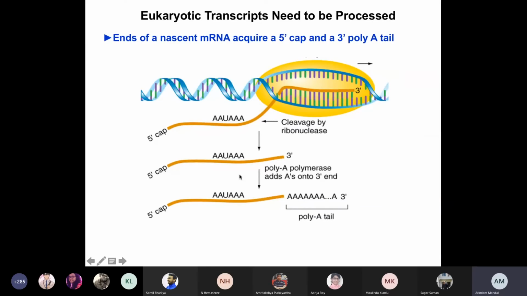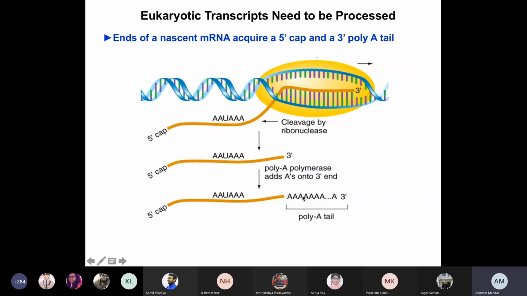As soon as the RNA polymerase reaches the transcription stop signal, there is a ribonuclease, an enzyme which can cleave the RNA, and subsequently there is a polymerase called poly A polymerase, which is a template independent polymerase. It doesn't need a template in order to perform the synthesis of the nucleic acid.